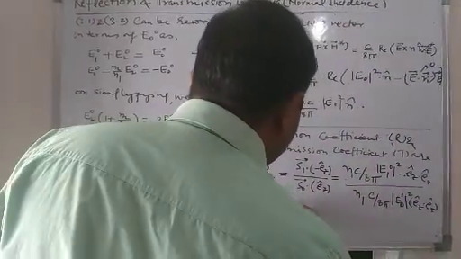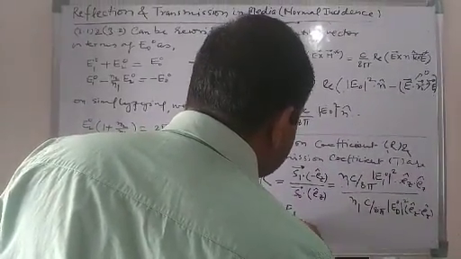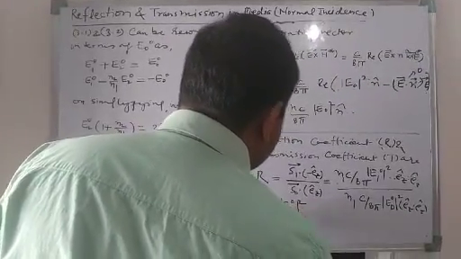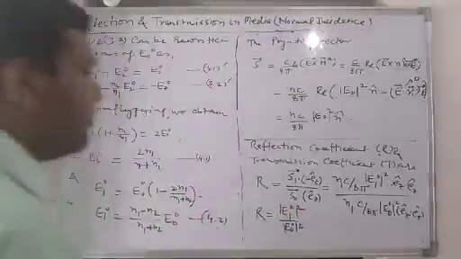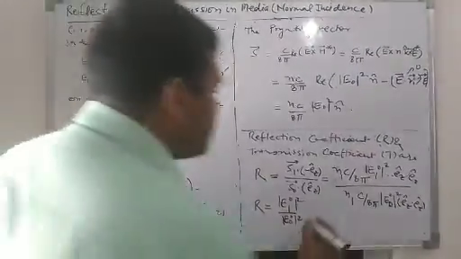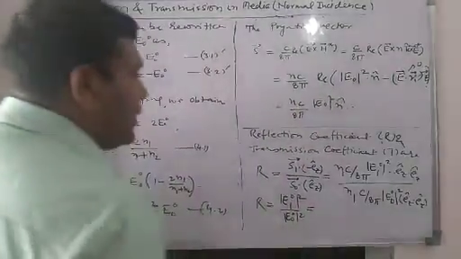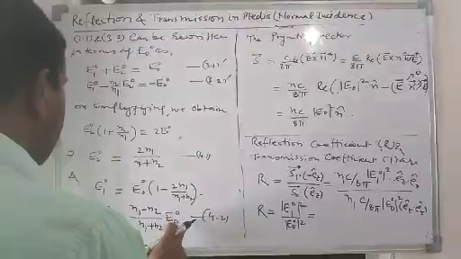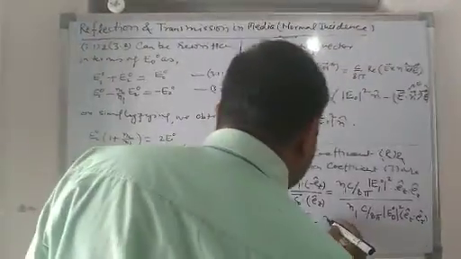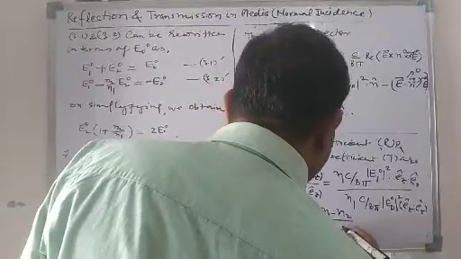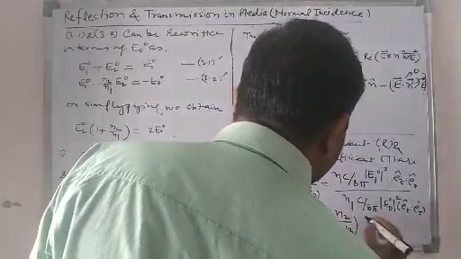So from here we conclude that R is nothing but E1 square, the amplitude of the reflected wave square, upon the amplitude of the incident wave square. According to relation 4.2, that's going to be n1 minus n2 upon n1 plus n2 whole square.